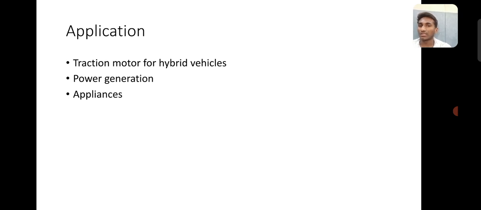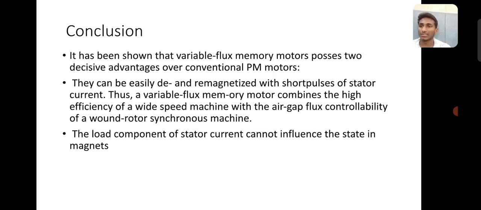Coming to the conclusion, it has been shown that variable flux memory motors possess two disadvantages over conventional PM motors. They can be easily demagnetized with short pulses of stator current. Thus, a variable flux memory motor combines the high efficiency of a wide speed machine with the air gap flux controllability of a wound rotor synchronous machine.